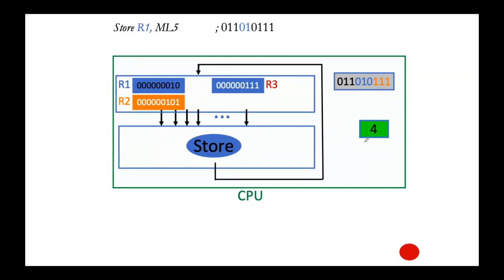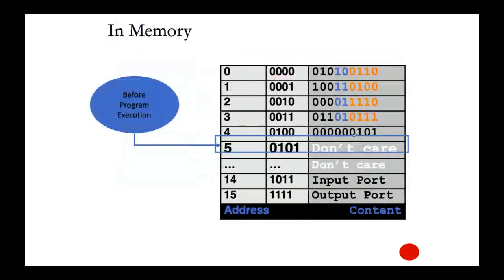Then it goes to the next instruction, 4. In the fourth instruction, it is allotting memory location 5, and in memory location 5 the result will go and be stored. With this, all the instructions of the program are executed. Before program execution, we have seen the instructions are loaded in this memory.